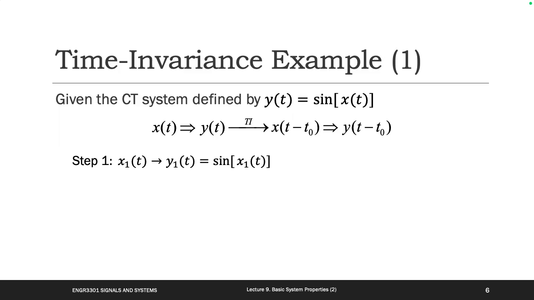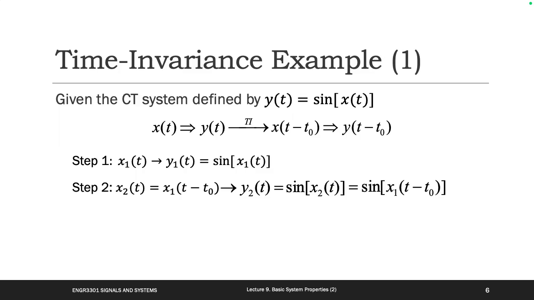We let the input be x1(t), and our output is y1(t) equals sin x1(t). That makes sense to you? Then step 2, we let x2(t) equal x1(t minus t0), which means y2(t) equals sin x2(t) equals this one. Am I right? I think this step is easy to understand.